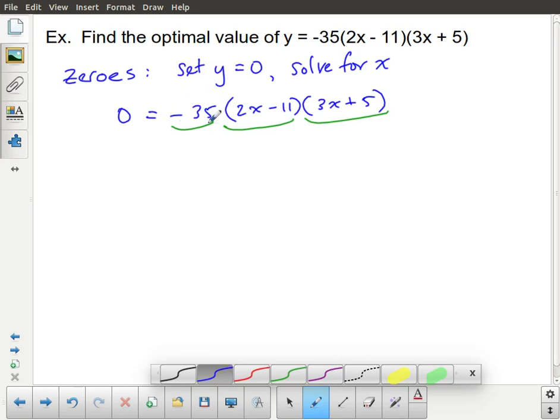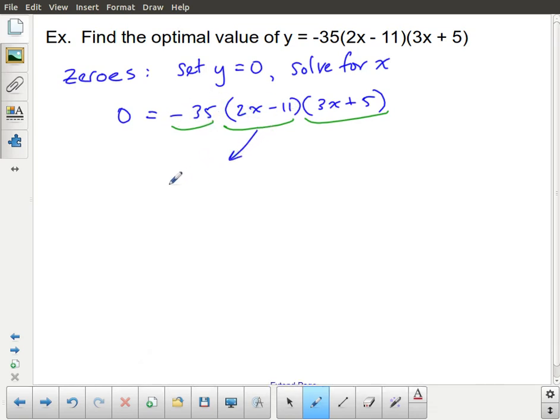Now, negative 35 is a number. It already has a defined value. So this can never be equal to 0. So we don't have to worry about that one. 2x minus 11 could be equal to 0. And what value of x makes 2x minus 11 equal to 0? That's going to be x equals 11 over 2.